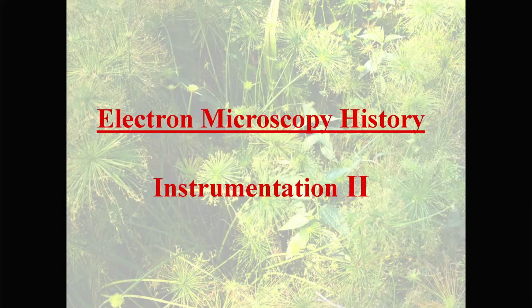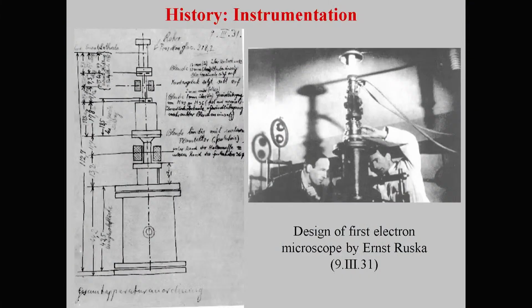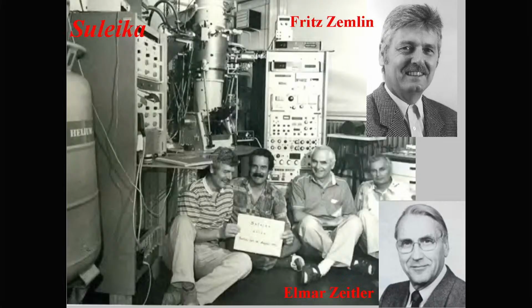But the decision was to go to Berlin and not to Albany, and so here we go again, and this is Ernst Ruska coming in, and the context with Fritz Semlin and liquid helium microscopy, and Elmar Zeitler, I'm honoring him here. He was very open to new ideas and let people do their work and research most of the time.